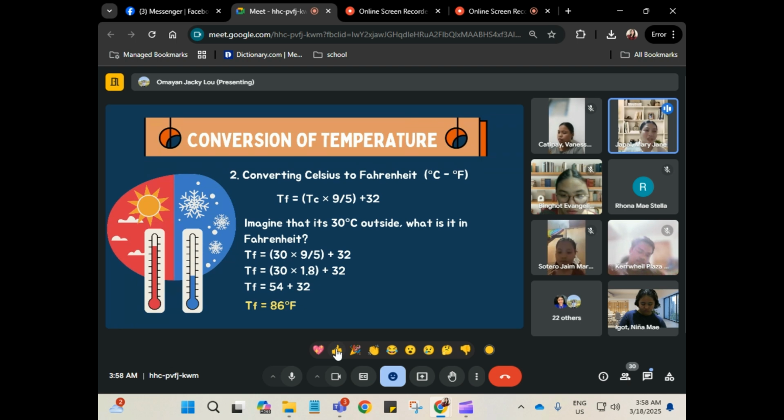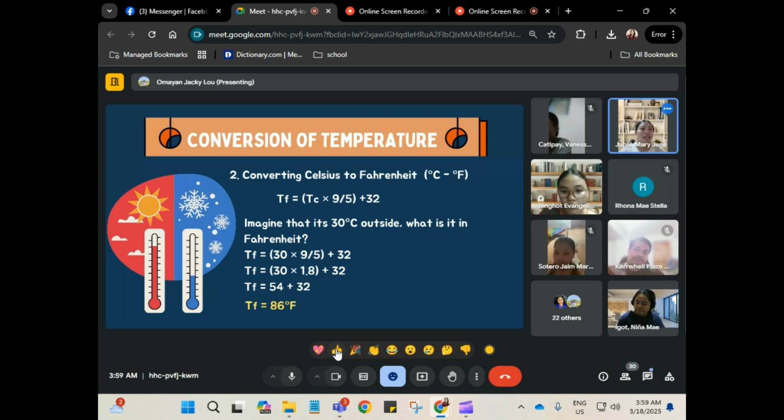And then solve first what is in the parentheses, which is 30 times 1.8. I have given you already the equivalent of 9 over 5. So 30 times 1.8 is 54, plus copy the 32, which is 54 plus 32 is 86 degrees Fahrenheit.